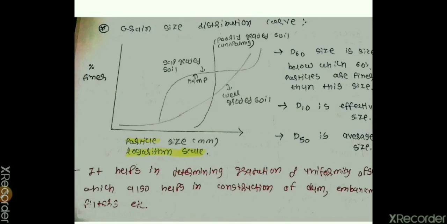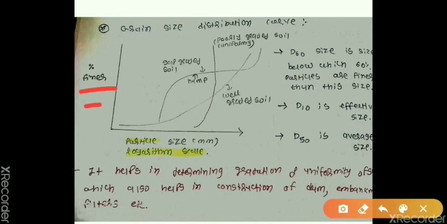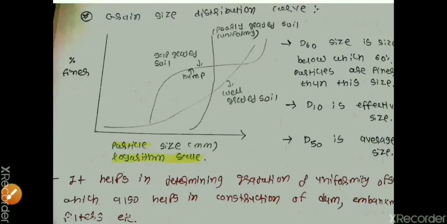Further important concept is here. Please understand this, it is very important. If we look at the grain size distribution curve on a semi-log scale, here I have drawn graphs which show the different types of soil according to the nature of the curve.